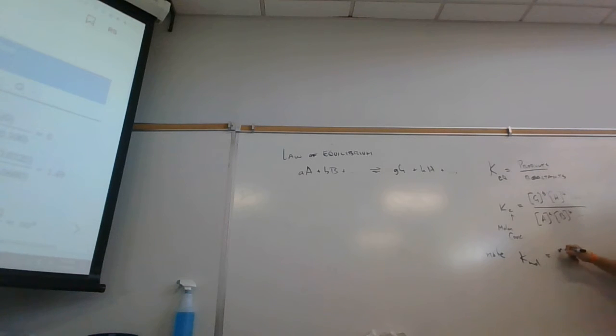That is, you get moles of G raised to the little g power, moles of H raised to the little h power. I'll use n for moles. Over moles of A raised to the little a, moles of B raised to the little b. This doesn't work. This does not work all the time.